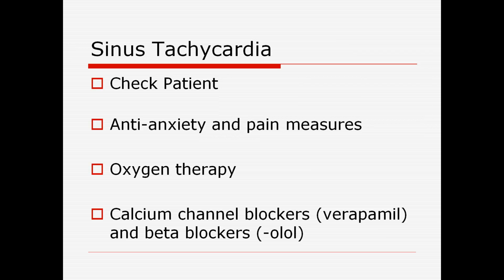Maybe they need an anti-anxiety medication. A couple medications: calcium channel blockers, ones such as verapamil, and beta blockers. Those are the meds that end in -olol. Those kinds of medications will slow down your heart rate. So that would help for a patient who keeps going into sinus tachycardia, for example.